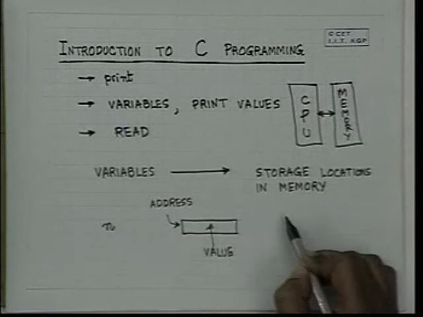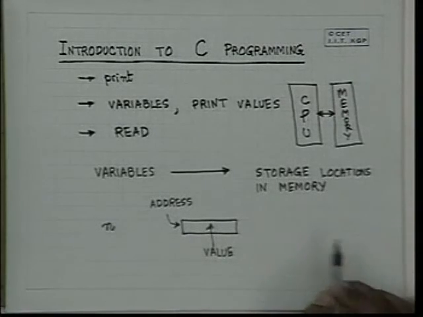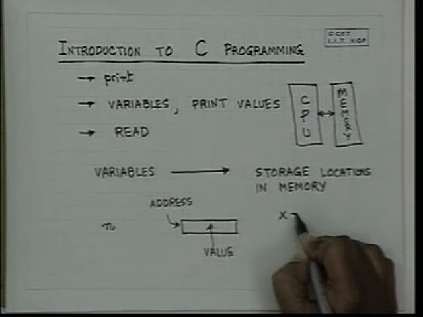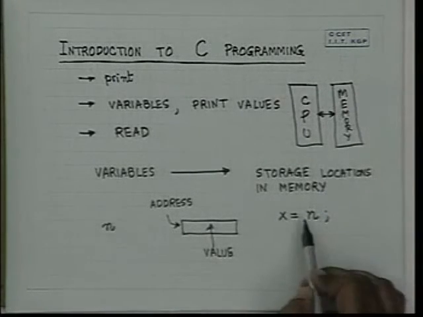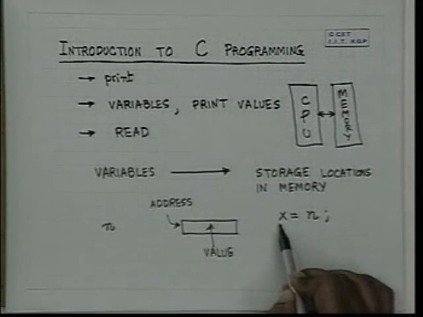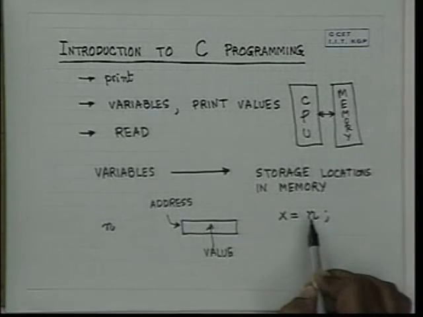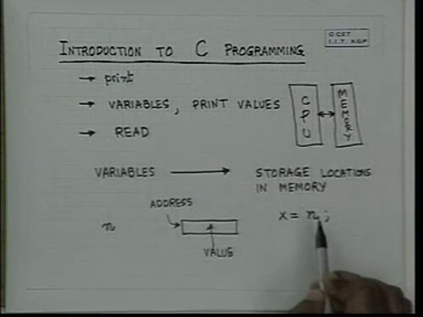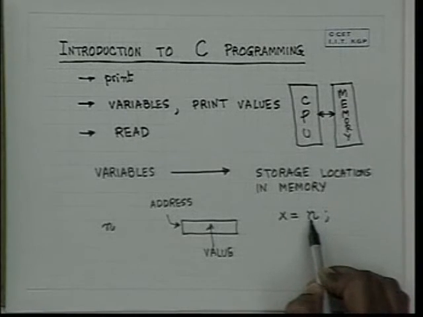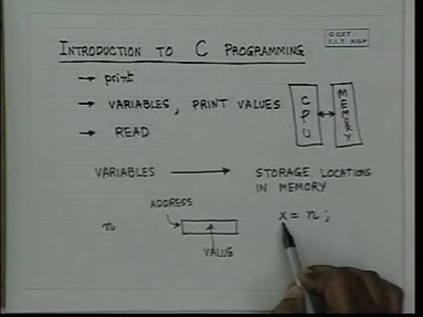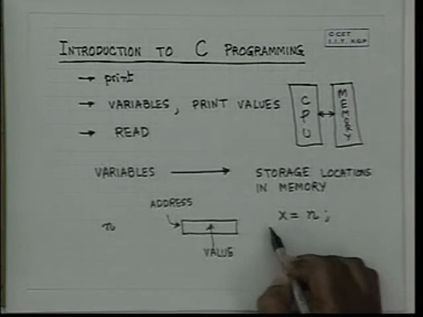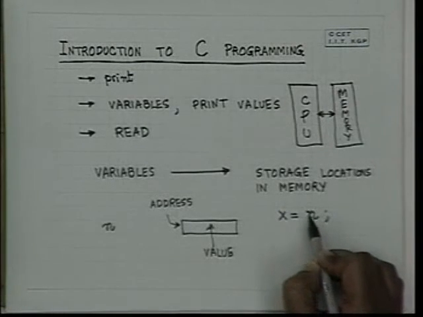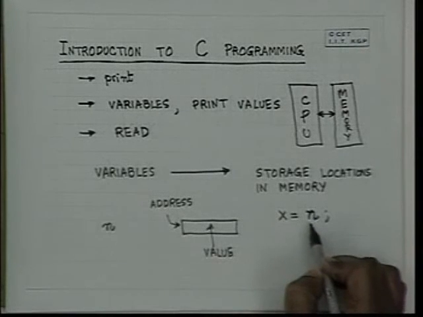Now whenever in the C programming language you write x = n, this means x is assigned the value of n, or in other words, the value of n is copied into x. So whenever we use a simple variable, we mean the value of the variable.